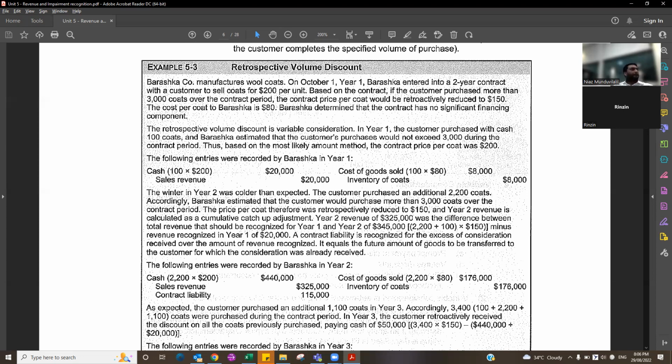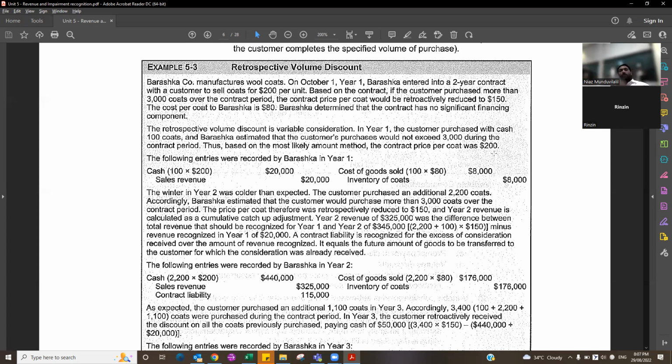Now, the retrospective volume discount is variable consideration. In year one, the customer purchased with cash 1,000 coats. Bershka estimated that the customer purchase would not exceed 3,000 during the contract period. Thus, based on the most likely amount method, the contract price per coat was 200.